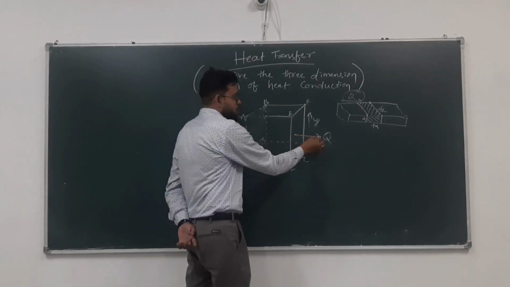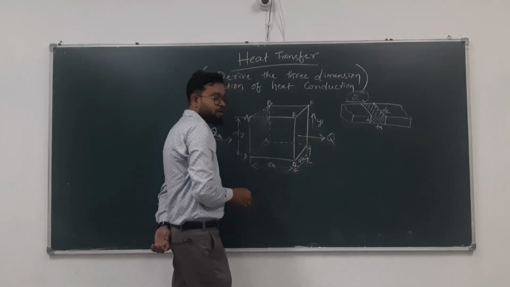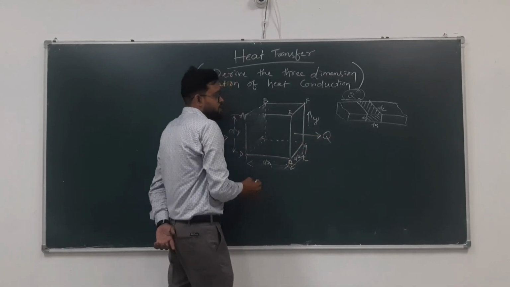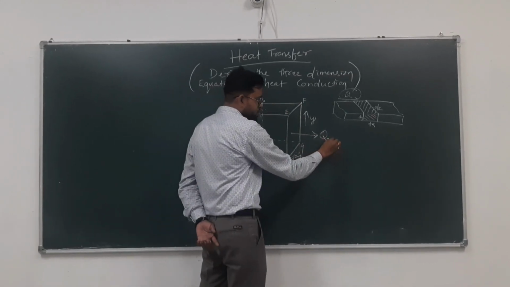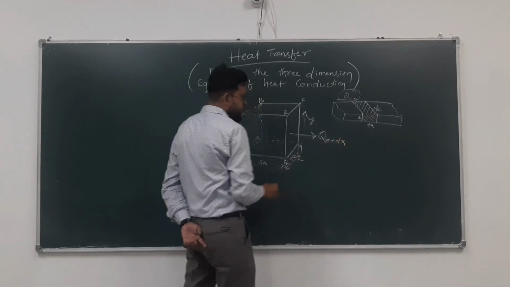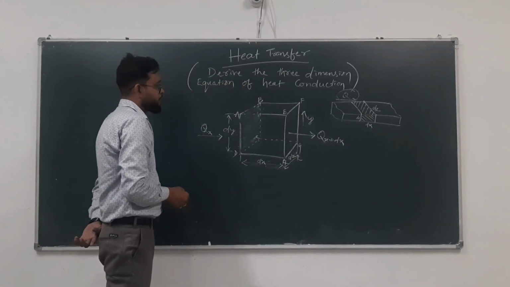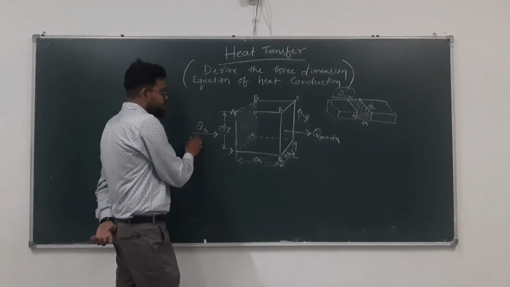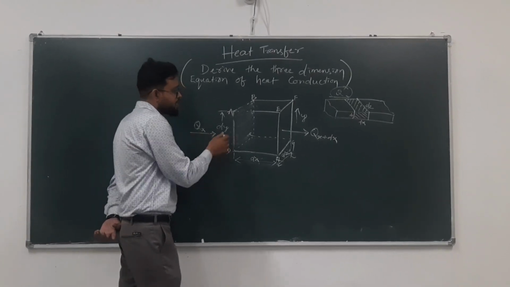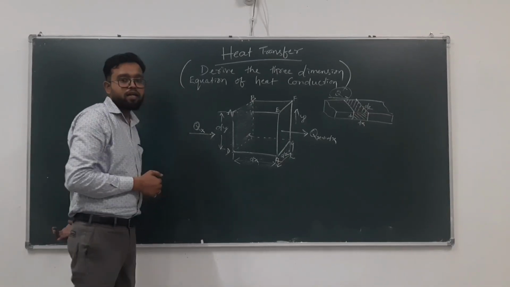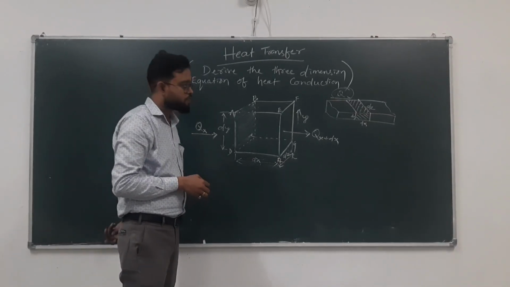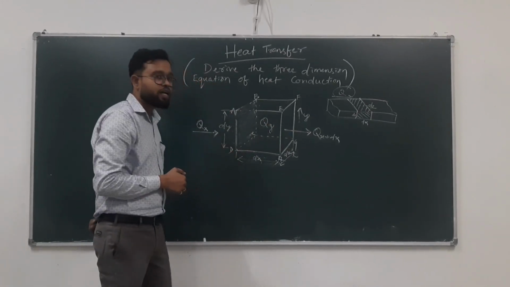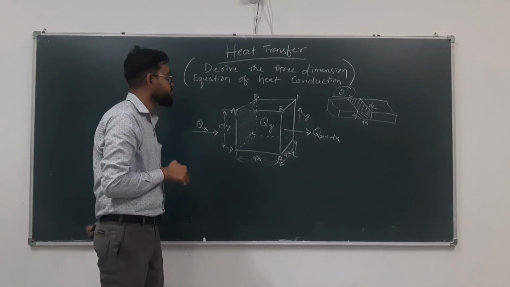The amount of heat that came out of the bar is Qx plus dx. Except the heat supply, the cube has some inner heat generation power, which is Qg. It is called heat generated inside the object.